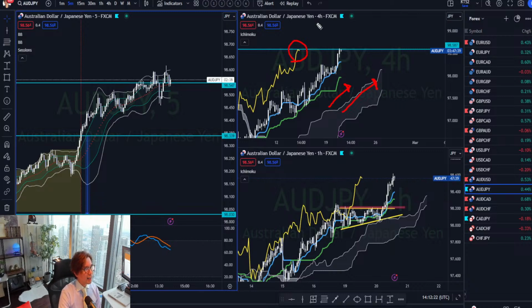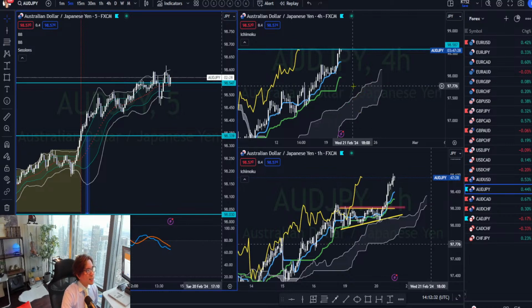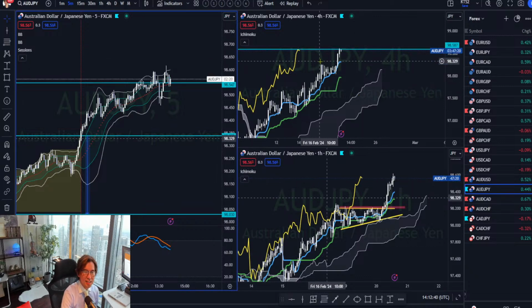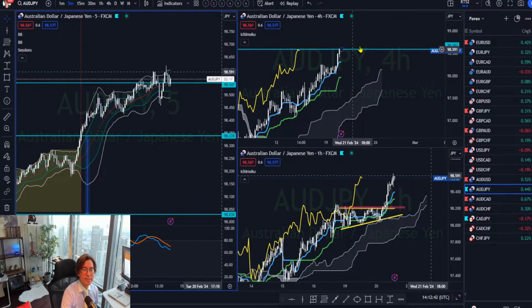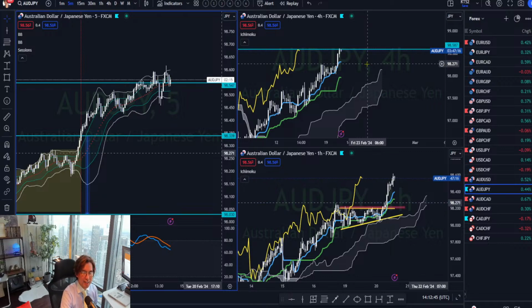And I look for the trending market based on daily, 4-hour, 1-hour, and 30-minute time frames. As long as 4-hour Kumo and Kijun Sen are up and Chikou span is above the candles, I continue to follow the trend. I never exit manually.